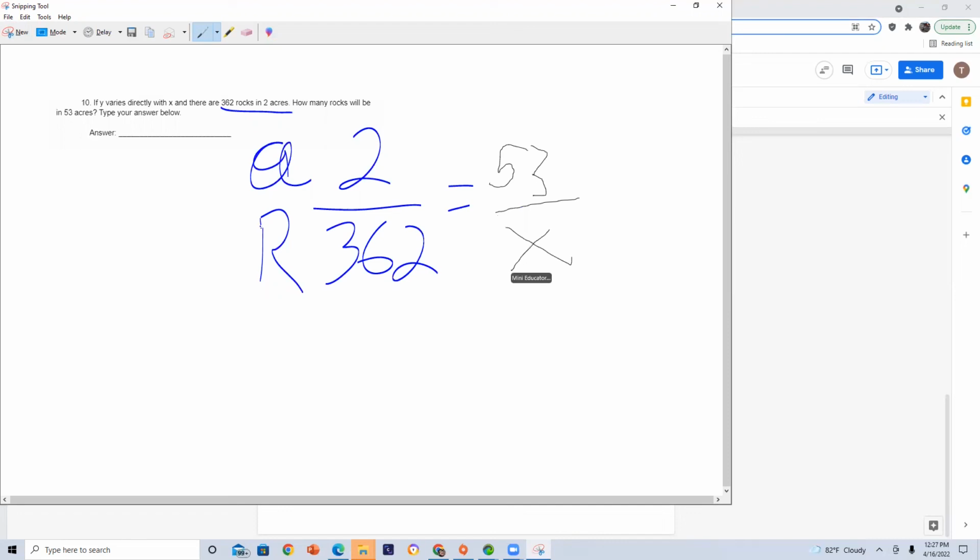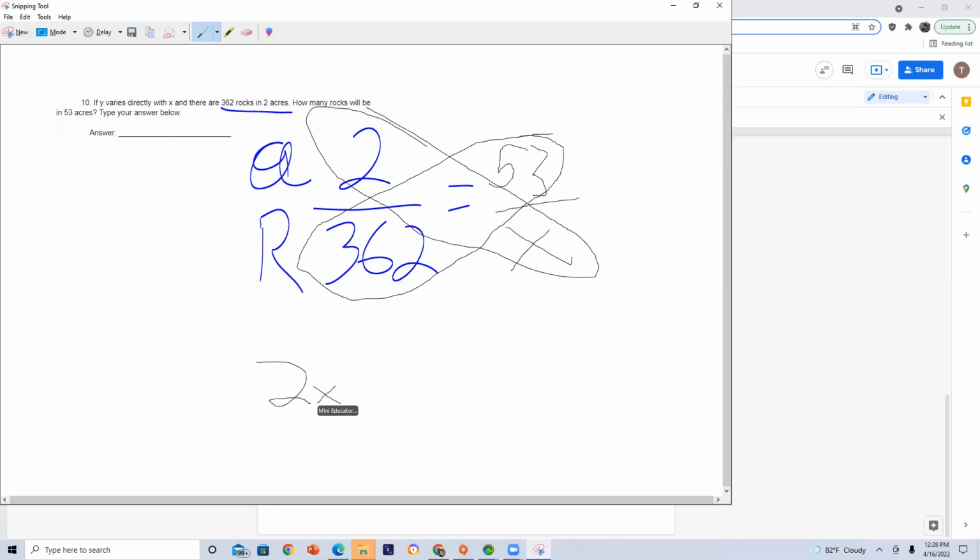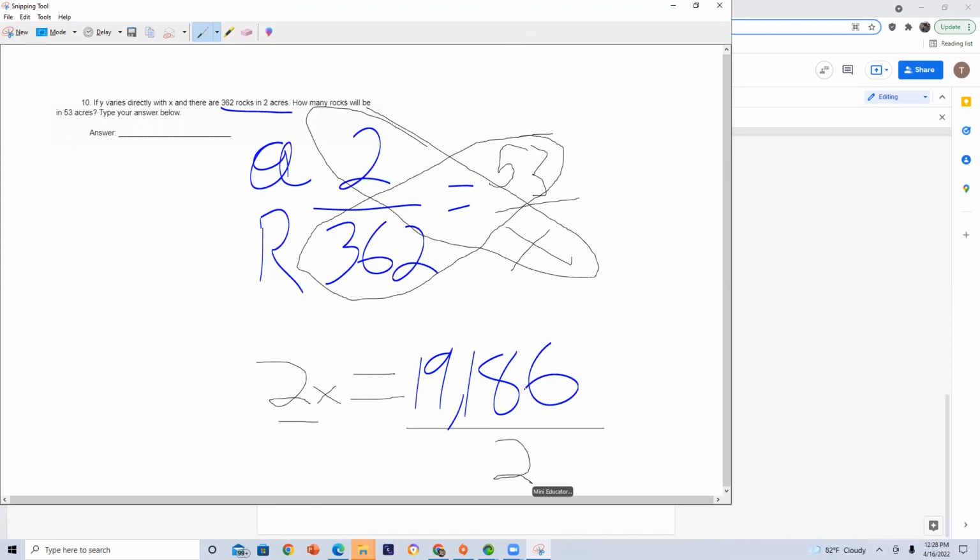And then you do the multiplying. So you multiply this, and you multiply this, which is 2x, because that's this multiplied. 2x equals 19,186. And then you would divide both sides by 2. Right here, I think this is fifth grade stuff.